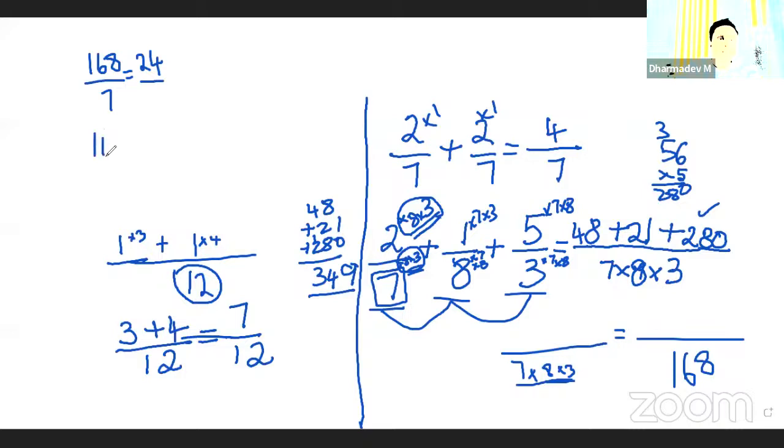Okay, 168 divided by 8 is going to be 21, which is 7 times 3, which I multiplied in the numerator. The first one, 24. Next, 168 divided by 3 gives you 56. That is why for the third one, you have multiplied it by 7 times 8. That means you have multiplied it by 56 in the numerator and the denominator.